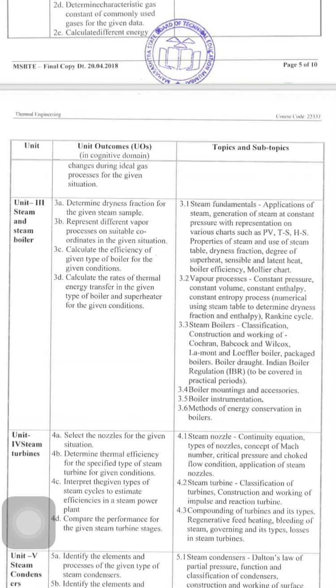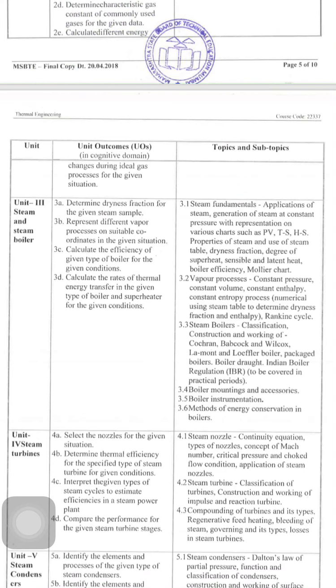First, 3.1, which is steam fundamentals, means we have to study what is meant by steam, what are the various applications of steam, and we have to learn how steam is generated, means the generation of steam at constant pressure with representation on various charts such as PV, TS, HS diagram.